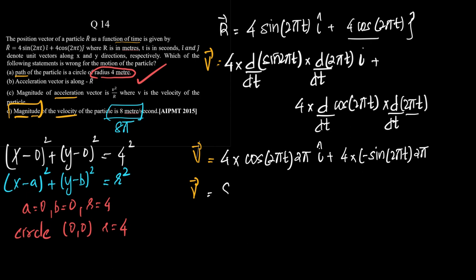velocity vector v is equal to 8 pi cos 2 pi t into i cap minus 8 pi sine 2 pi t into j cap, right?